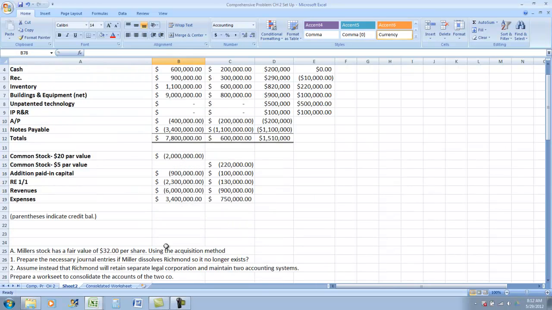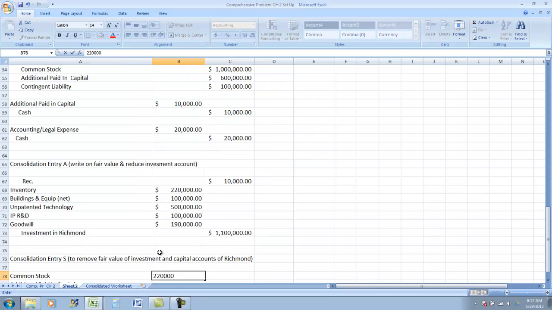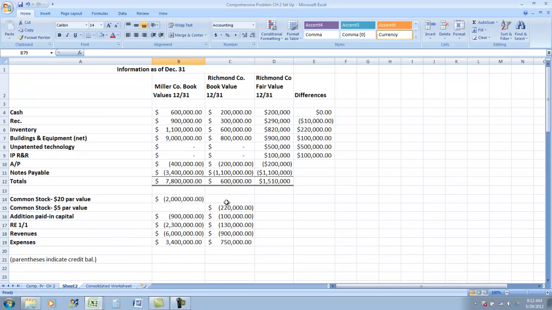Okay, our common stock account was Richmond, 220. Additional paid-in capital on Richmond was right here, 100,000.